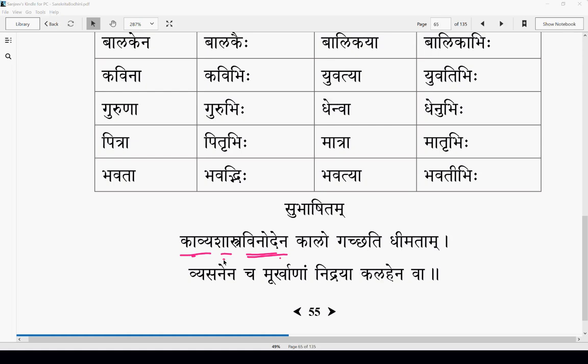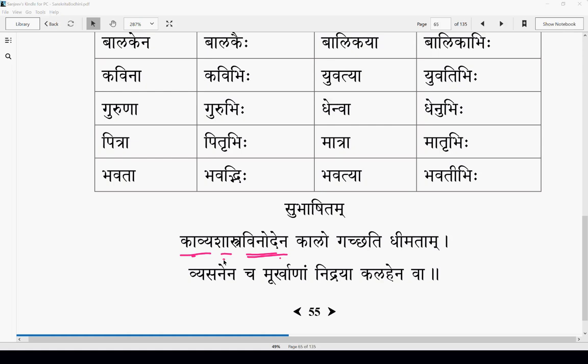Suppose we get together, it's like just chatting or discussion. When the nuances of writing poetry are discussed, time goes very slowly.